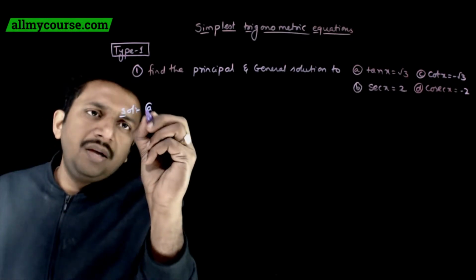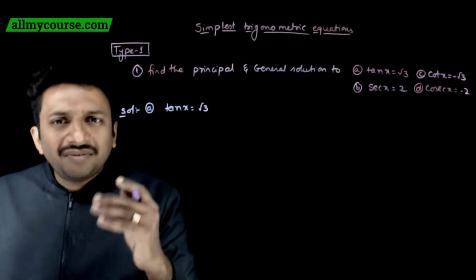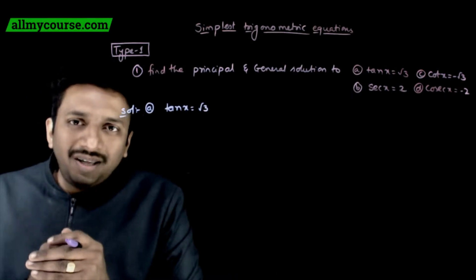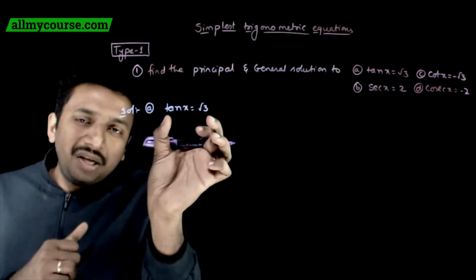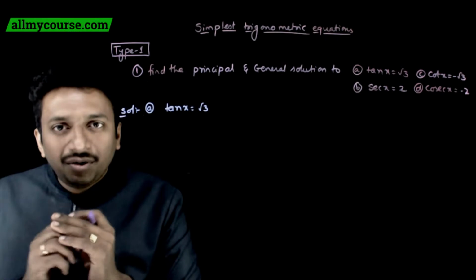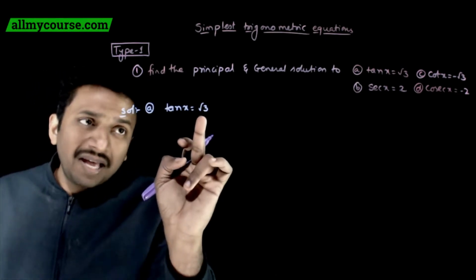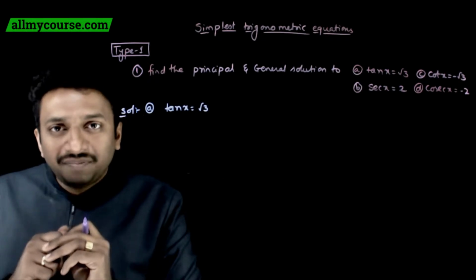So the first equation is tan x is equal to root 3. This is a very basic trigonometric equation. So if you have an equation of this form, tan x is equal to some number, the first thing that you need to do is choose a very basic angle whose tan is equal to root 3.